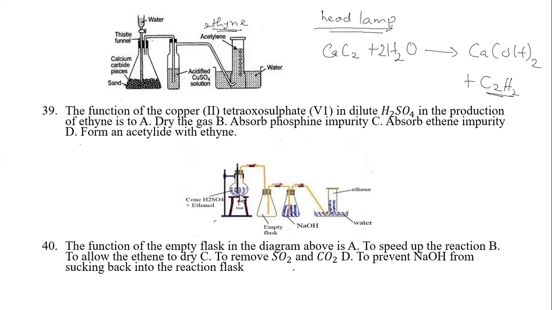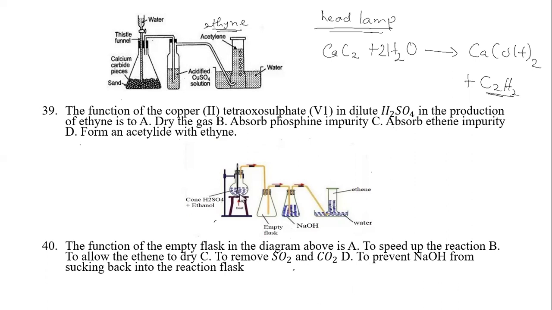It causes brightness, producing light for the headlamp. That's one of the vital uses of ethyne. So the production of ethyne involves the action of water on calcium carbide.